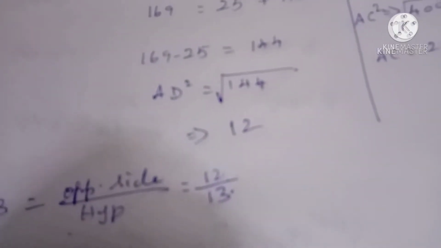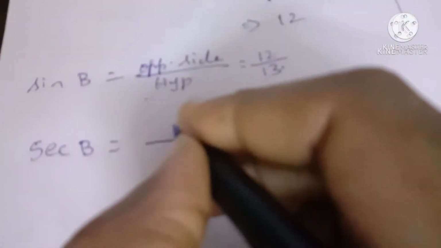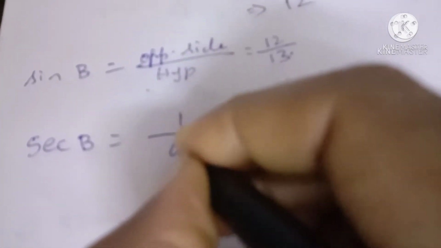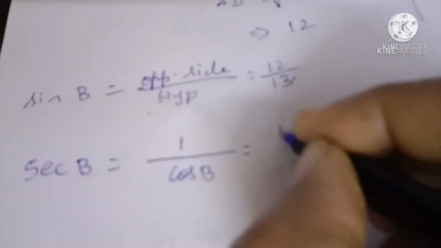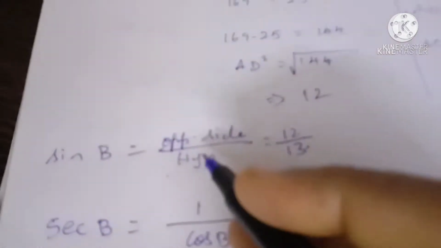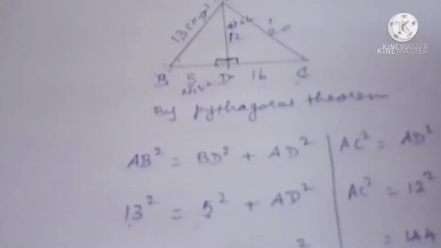And then sec B. Sec B is the reciprocal of cos B, that is 1 by cos B. Cos B, you know very well, is adjacent side by hypotenuse. Therefore, 5 by 13.